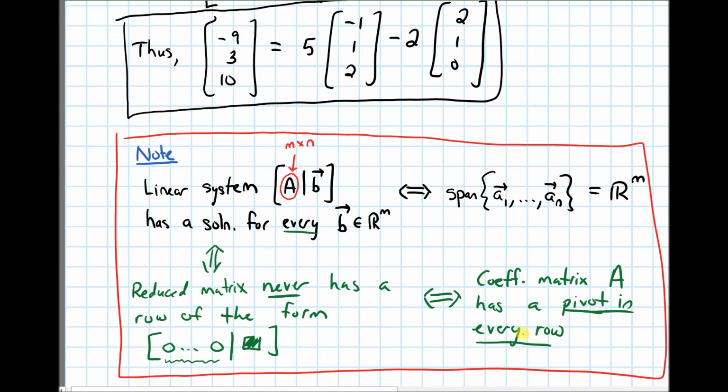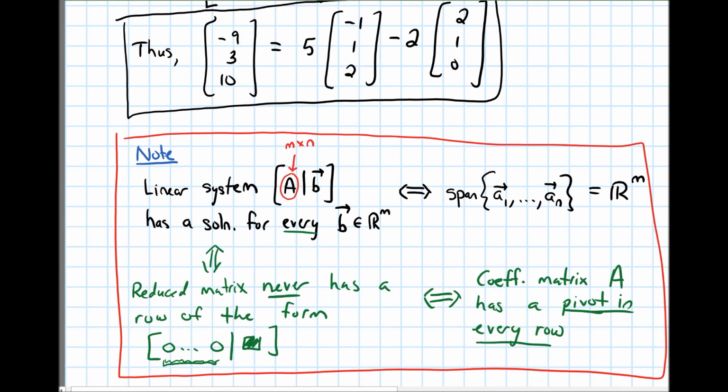Because if there's a pivot in every row, when I reduced it, I wouldn't have been able to end up with a row of all zeros on the left-hand side of my augmented bar at all. So in practice, this is how we check if a linear system has a solution for every vector b that I could have on the right-hand side. What I do is I reduce it and I see if my coefficient matrix has a pivot in every row.